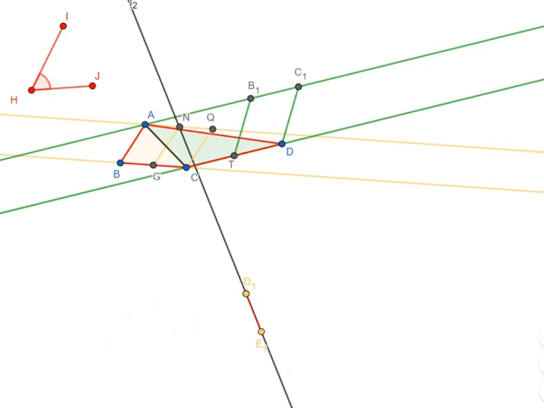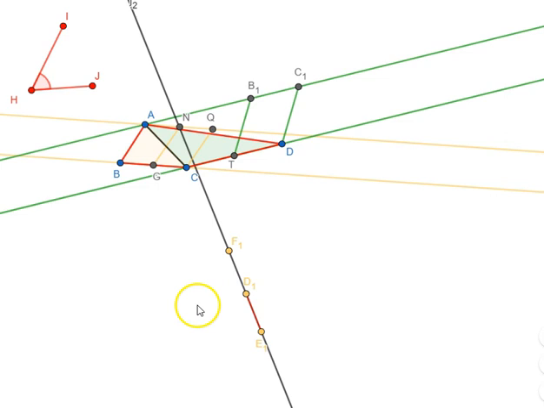Now keeping the center at D1, let's draw a circle of radius QC, one of the sides of the parallelogram NGCQ. And we mark this point of intersection. So now D1F1 is equal to QC. Okay, now we don't need this circle.